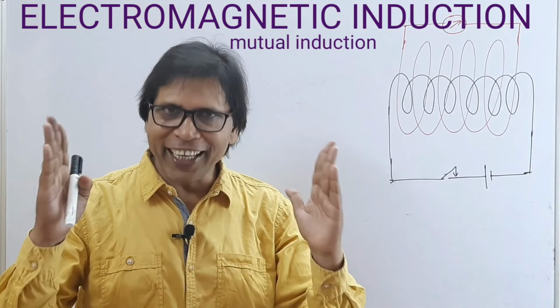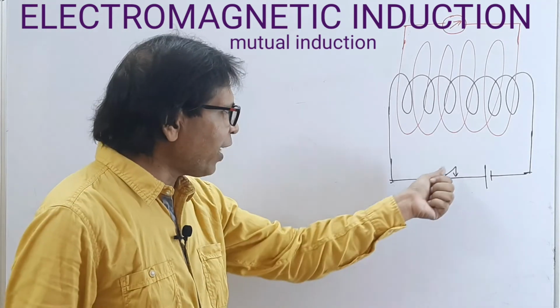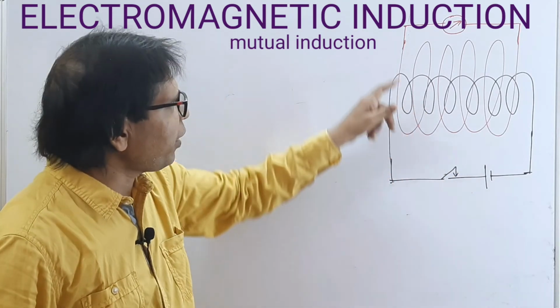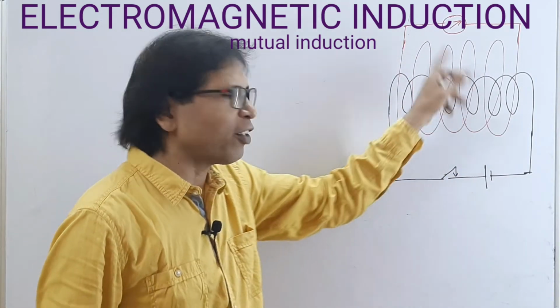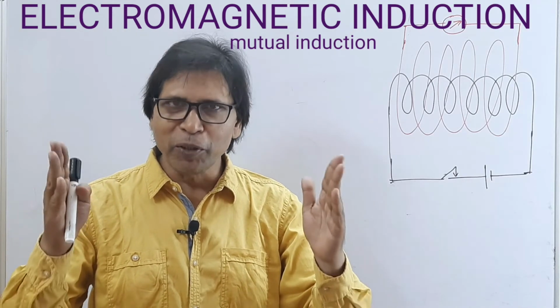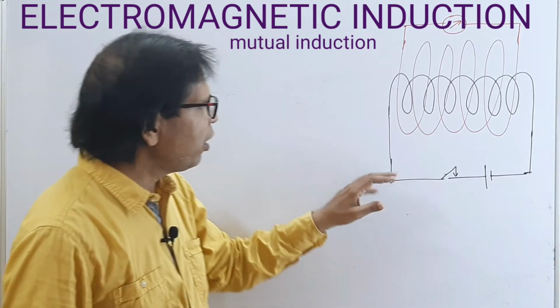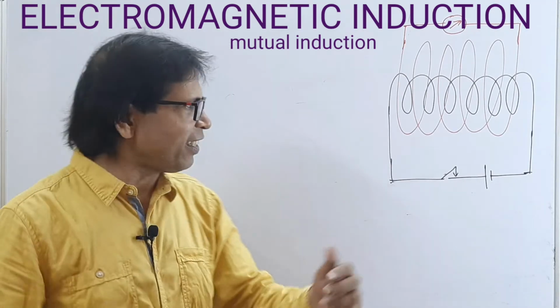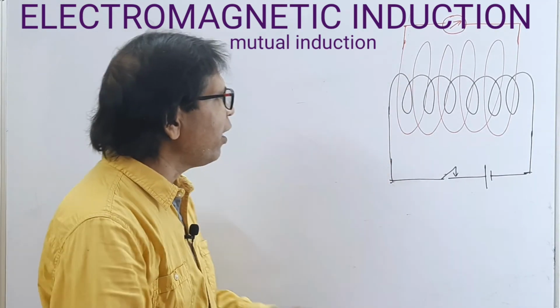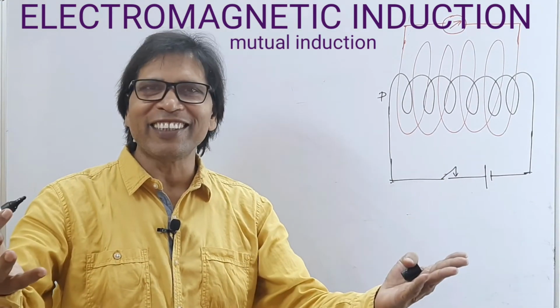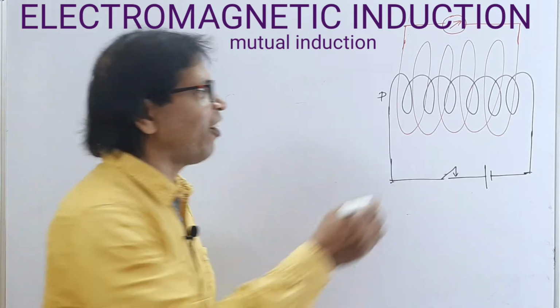Now mutual induction. When current changes in this smaller coil, EMF is induced in the larger coil. This phenomenon is known as mutual induction. Now the coil in which current changes is called the primary coil and the coil in which EMF is induced is called the secondary coil.